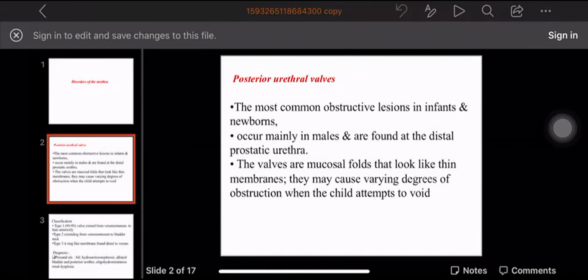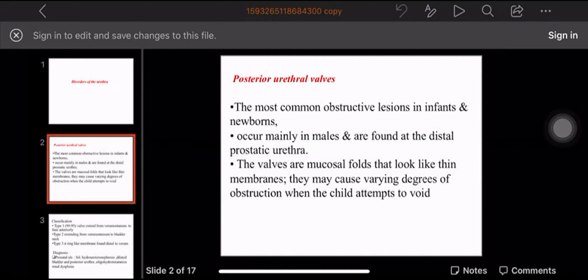Sometimes the patient presents with posterior urethral valve. So what do I mean by posterior urethral valve? It is the second most common obstructive lesion in infants and newborns, occurring mainly in the male and found at the distal prostatic urethra.